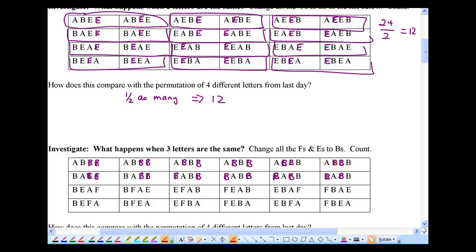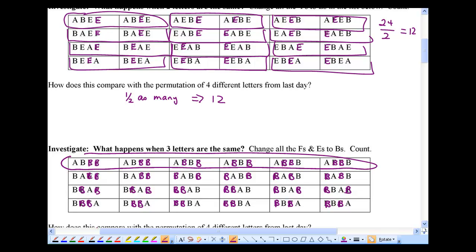Notice anything yet? It looks like now these are all the same.